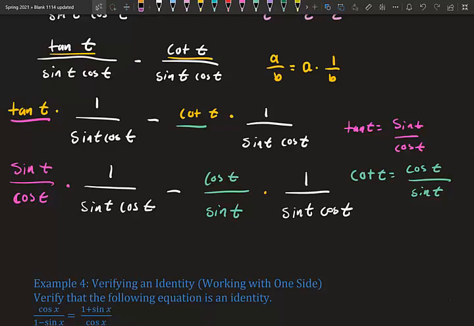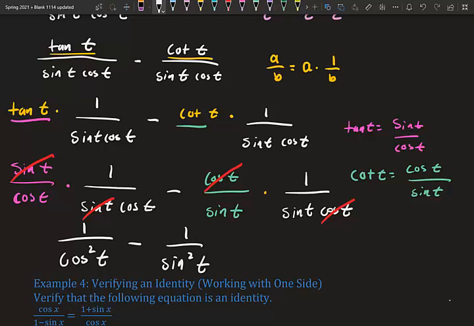Then we have cosine over sine times 1 over sine cosine. I don't know if you see it, but left and right we can cancel out some functions. We can cancel out sine, and we can cancel out cosine and cosine. So what we're left with, all together, we have 1 over cosine times cosine. So we have 1 over cosine squared t minus 1 over sine squared t, because we have two sines.